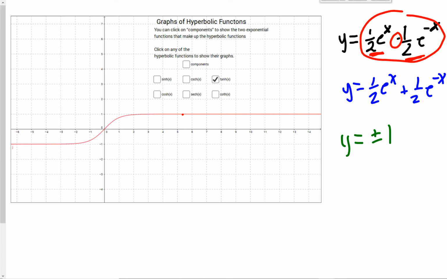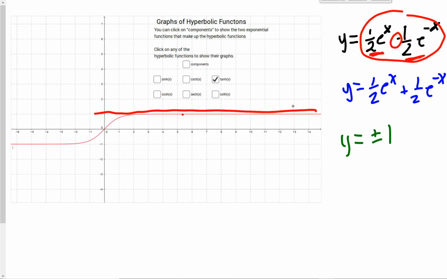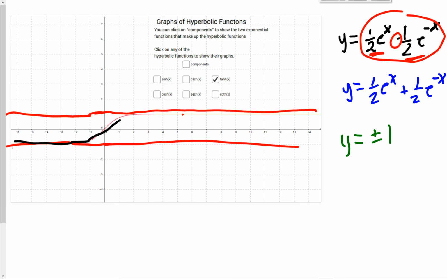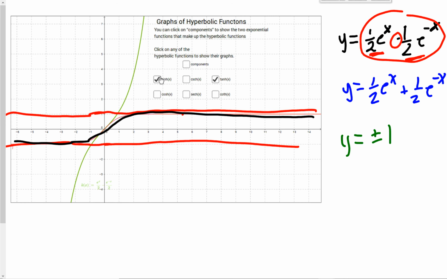So we have this line, y equals positive 1 that runs through here, and minus 1. The tangent runs in between these two, like that. So those are what the graphs look like: there's tangent, here is sine, and then here is cosine. Those are the graphs of hyperbolic sine, hyperbolic cosine, and hyperbolic tangent.